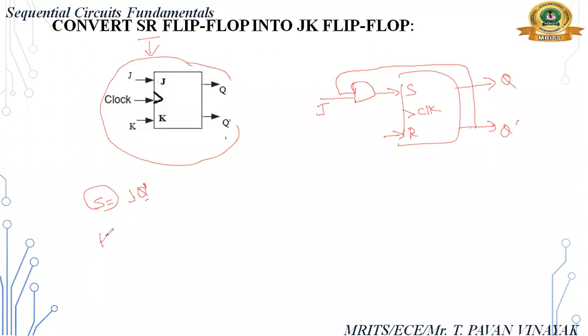Next, what is the K expression? The R expression is K into Q. Which is another AND gate. So this is K, this is Q. From this Q, you have to give the connection.